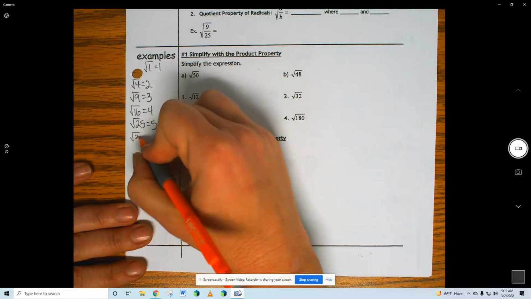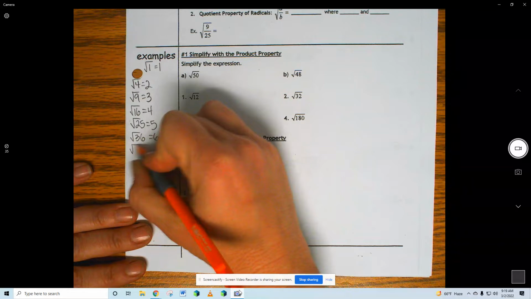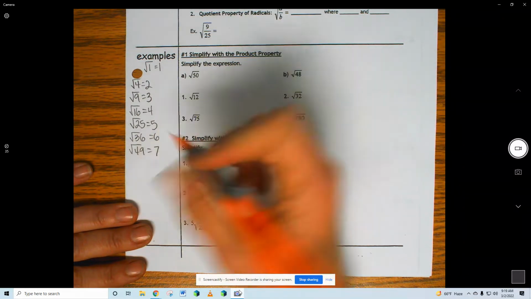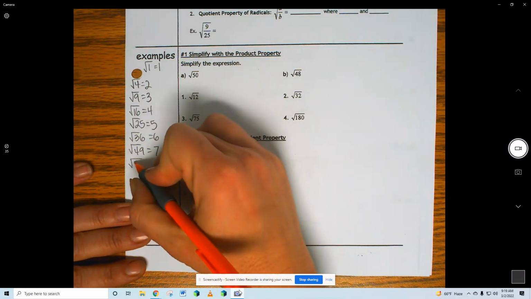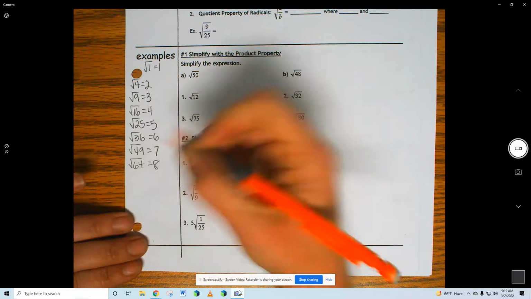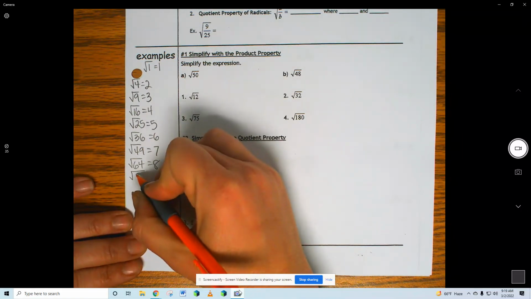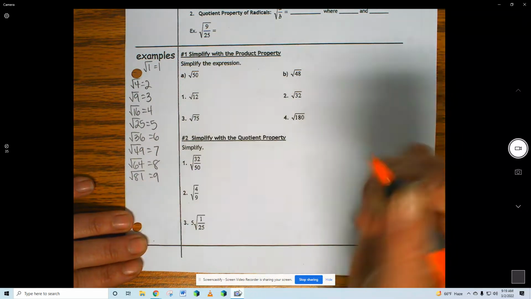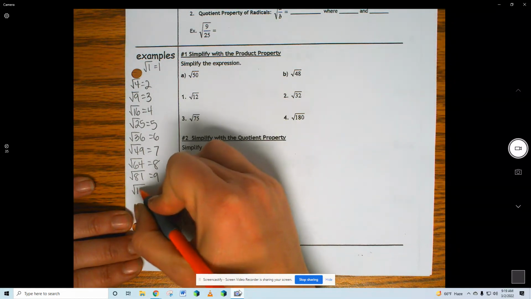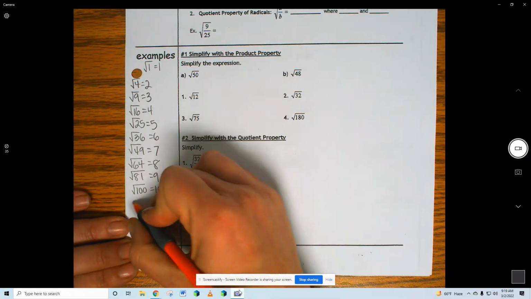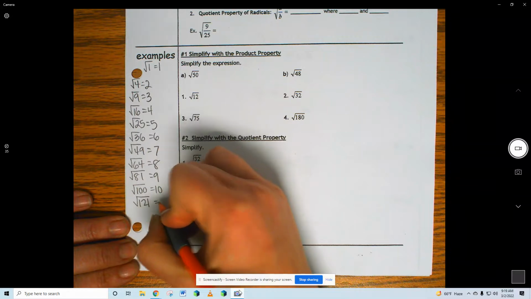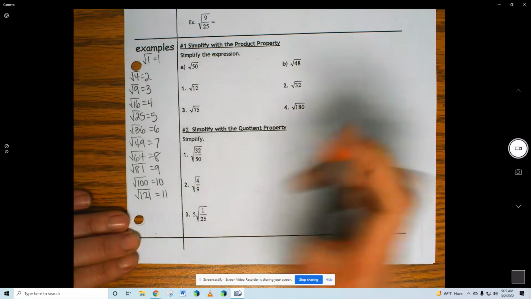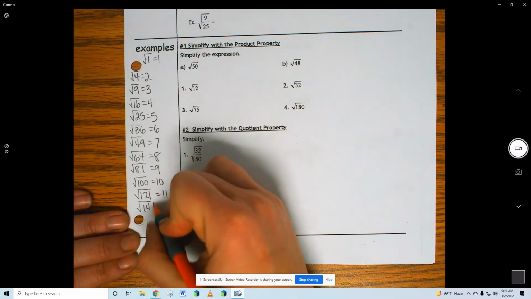The square root of 36 equals 6. The square root of 49 equals 7. The square root of 64 equals 8. The square root of 81 equals 9. The square root of 100 equals 10. The square root of 121 equals 11. The square root of 144 equals 12.